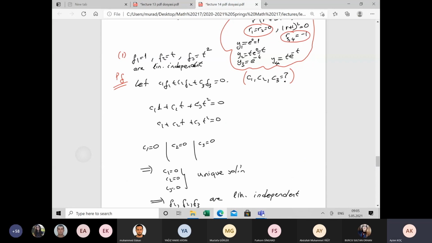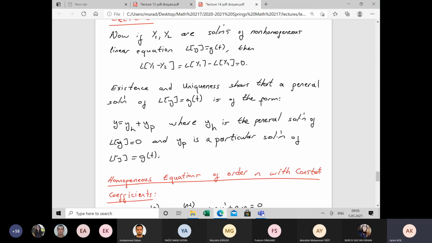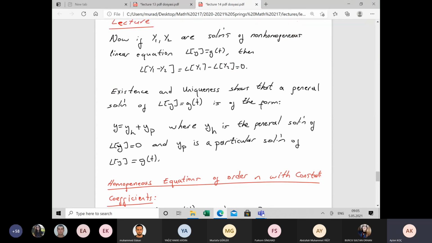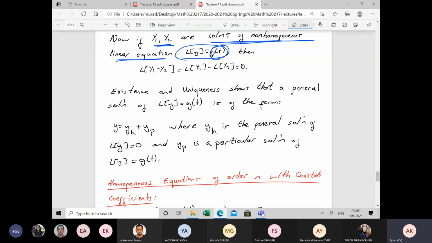Now, what can you say about the non-homogeneous linear equation of order n? It's okay. Suppose capital Y sub 1 and Y sub 2 are solutions of the non-homogeneous linear equation, non-homogeneous because g of t is non-zero.